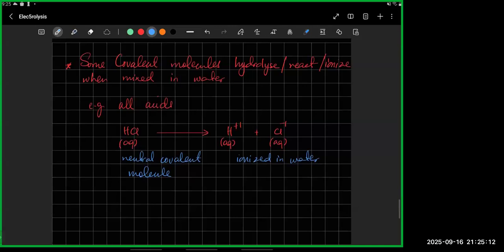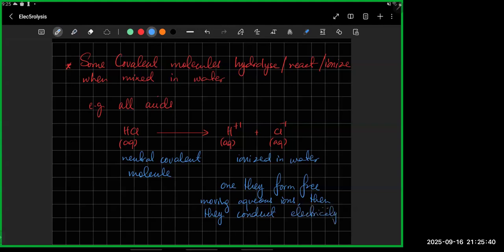So once they form free moving aqueous ions, then they conduct electricity. Otherwise, covalent molecules are never going to conduct electricity.